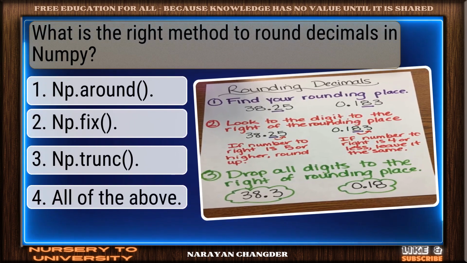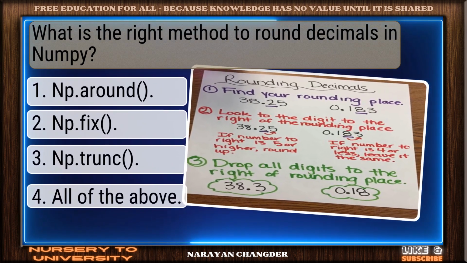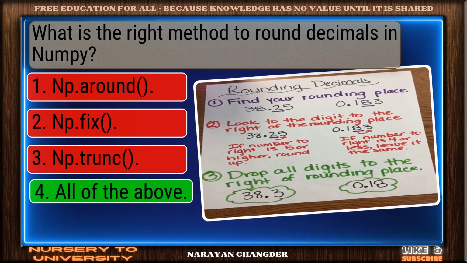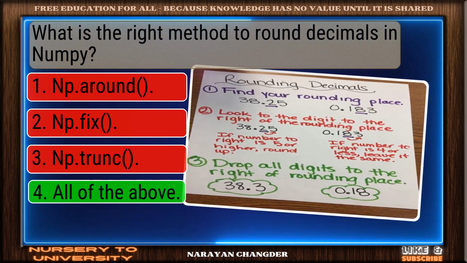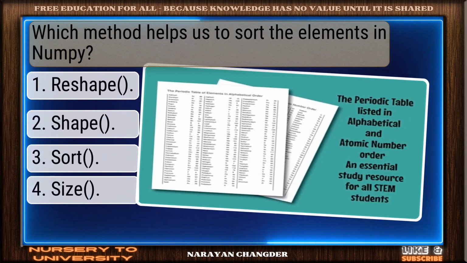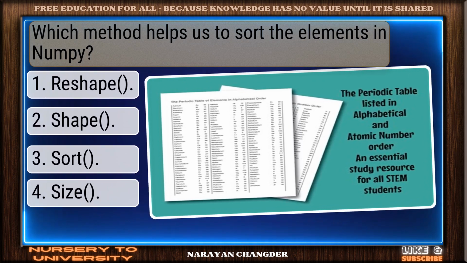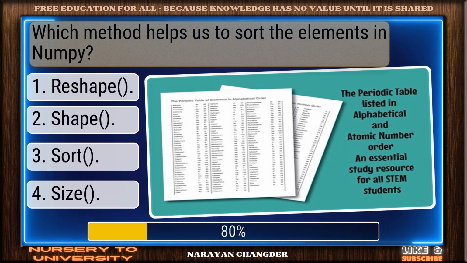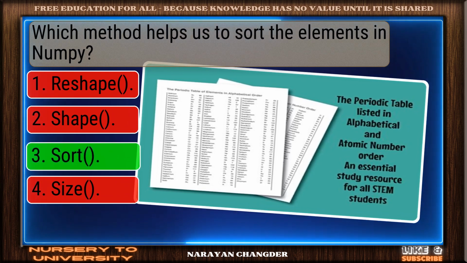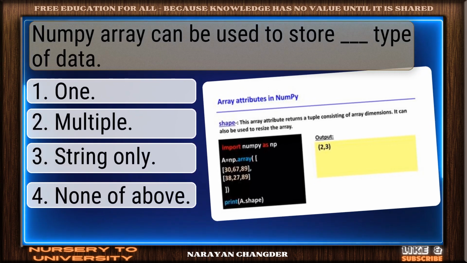Question number 26. What is the right method to round decimals in Numpy? Nicely done. All of the above is a solid answer. Question number 27. Which method helps us to sort the elements in Numpy? Right choice. sort is the best answer. Question number 28.